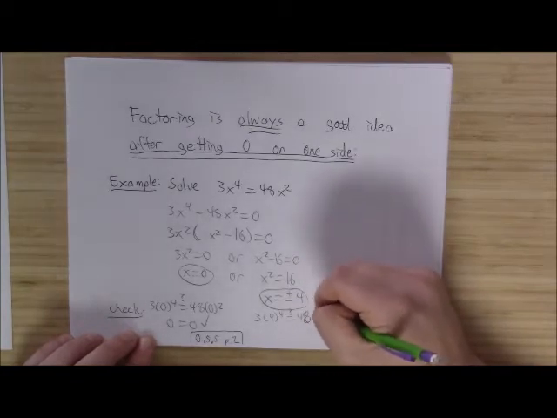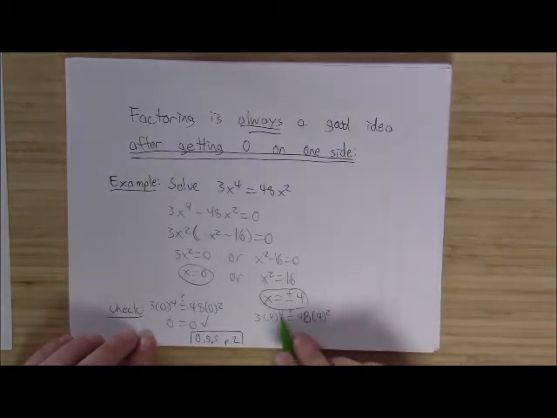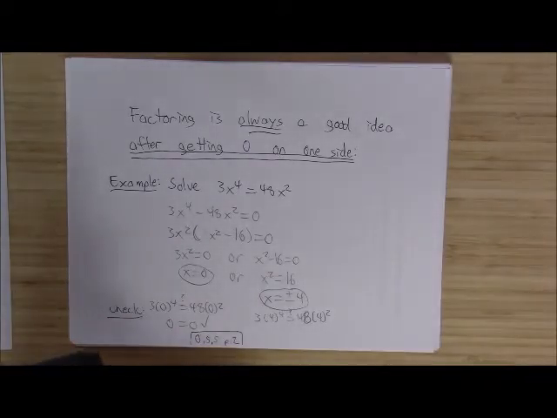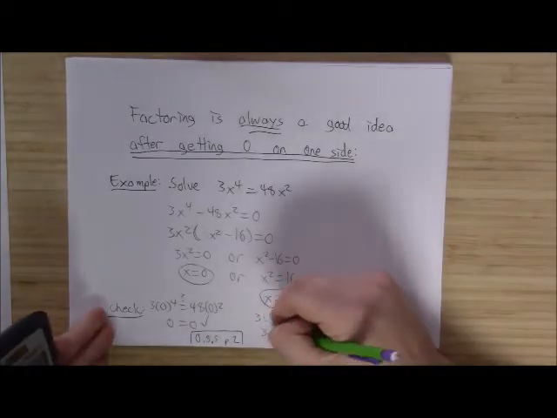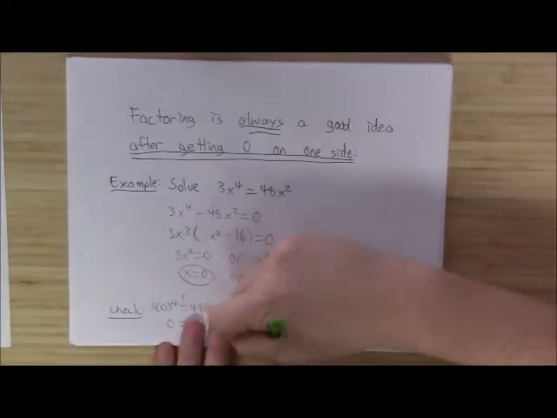48 times 4 squared? On this side, we get 4 to the 4th is what? Let me cheat a little bit. 4 to the 4th is 256. So we have 3 times 256, and 3 times 256 is 768.